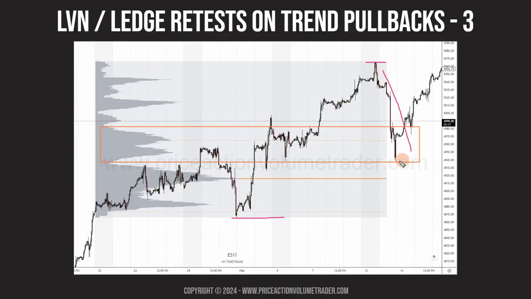This looks like it's probably right between 50% and 61.8%. But you can see right here, our main focus is this high volume node that I've marked. And you can see right here how we come, test this low volume node area, this ledge, and then we find support, and then we have a very nice bounce right over here.